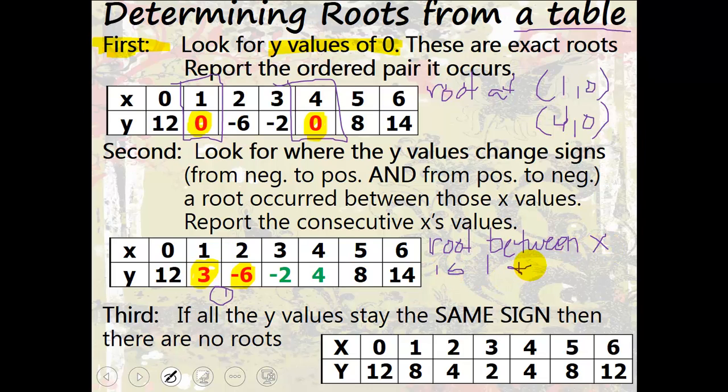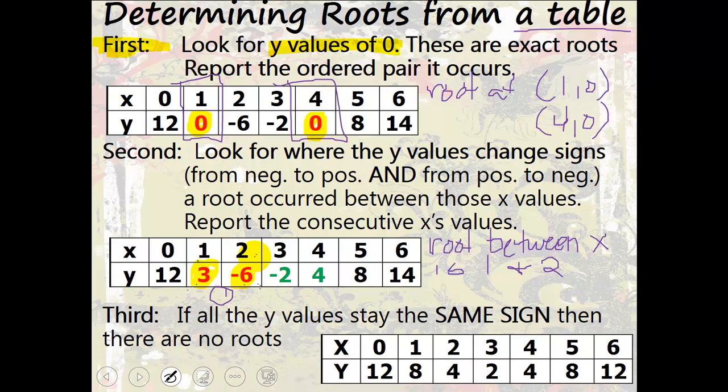We look at the y values, but we report the x values. We look for the y values to change sign, and we report the x values that it occurs between.